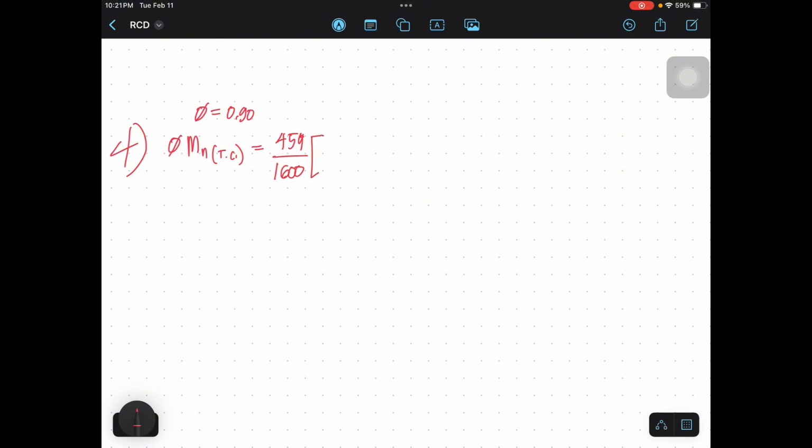So going back, 459 divided by 1,600, beta 1, kung halos pare-pareho lang naman sila yung mga previous moment formulas, nag-iba lang sa kanilang mga numerical coefficients. Okay, so beta 1 f prime c b d squared quantity 1 minus 3 over 16 beta 1.